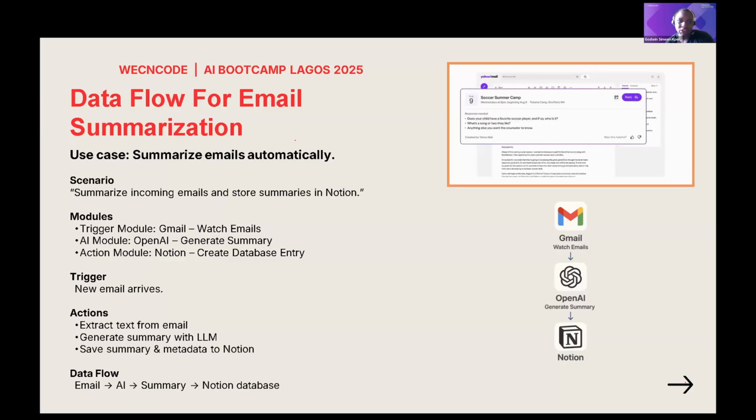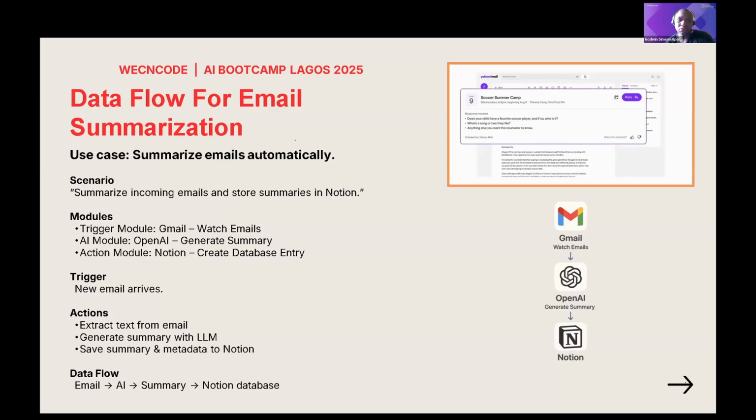But in this case, we are looking at watch an email. Then AI, so we have an AI module. Here they are using OpenAI, but I see that we have created a Gemini key, so we'll be using our Gemini module, not the OpenAI in this case. Here, it generates a summary, and the summary is generated based on the prompts given. We'll look at the setup.